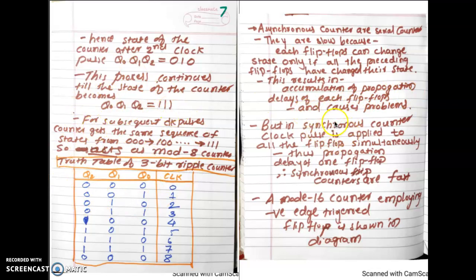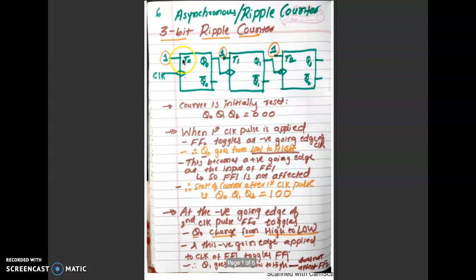But in a synchronous, that is parallel, counter, the clock pulse is applied to all flip-flops simultaneously. Here, the output of the previous flip-flop is the clock of the next one, so it is slow.